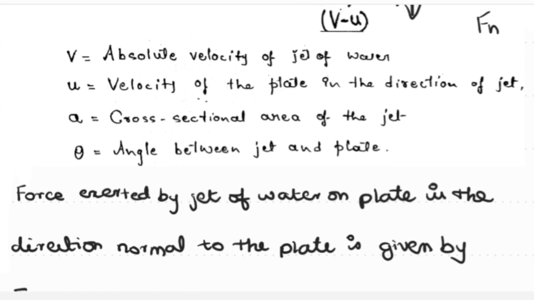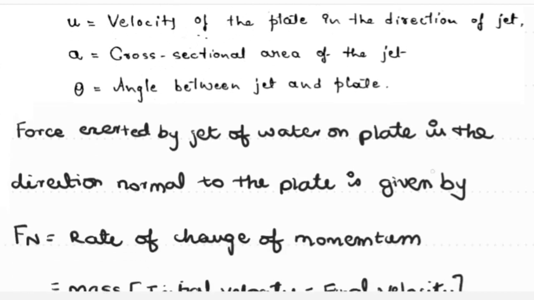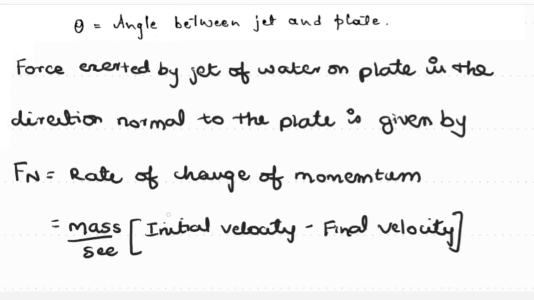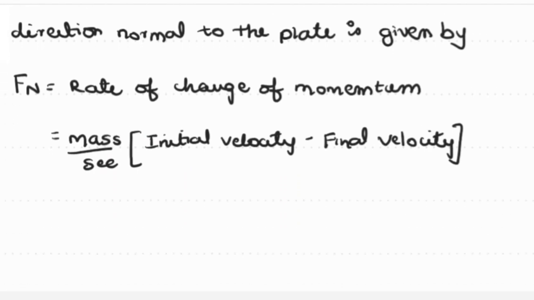Force exerted by the jet of water on the plate in the direction normal to the plate is Fn. As usual, it is the rate of change of momentum, that is initial momentum minus final momentum. Momentum is mass into velocity, and rate of change gives mass per second taken outside, into initial velocity minus final velocity.